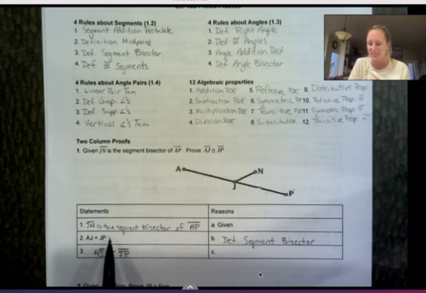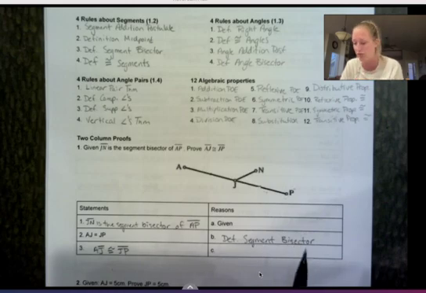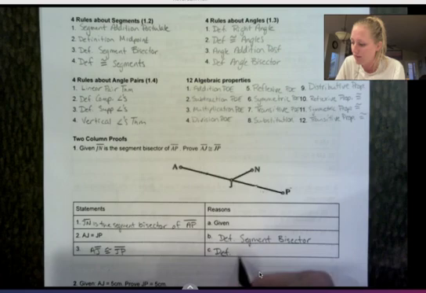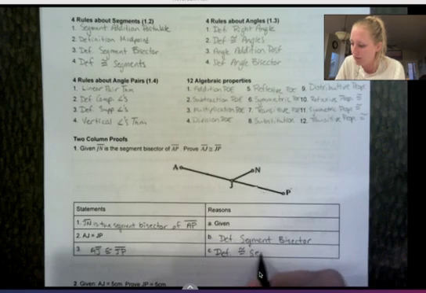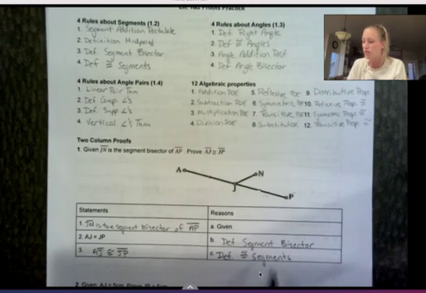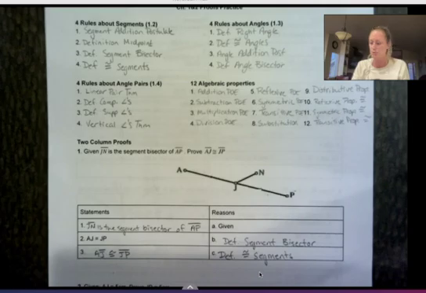Remember, what this says is the lengths are equal, therefore they're congruent. And that is the definition of congruent. It means if they are equal, then they're congruent, or if they're congruent, then their lengths are equal. So because we're talking about segments, this is definition of congruent segments. If you just put definition of congruent, that would be okay. This one is more specific for this example, okay?